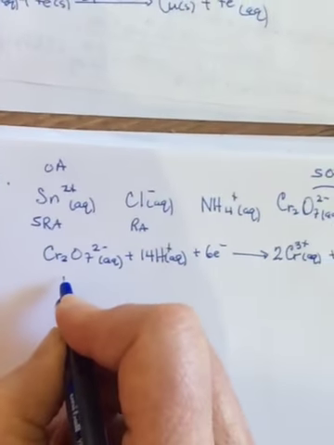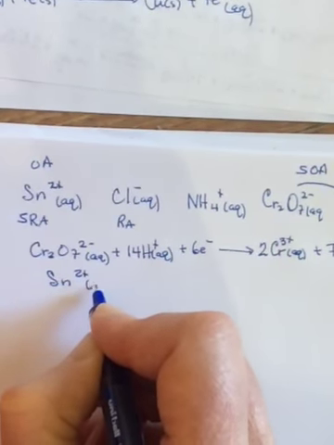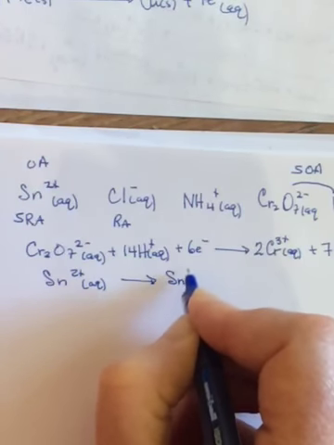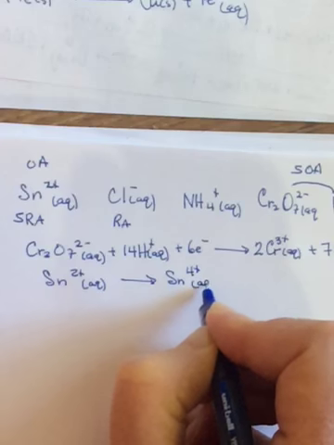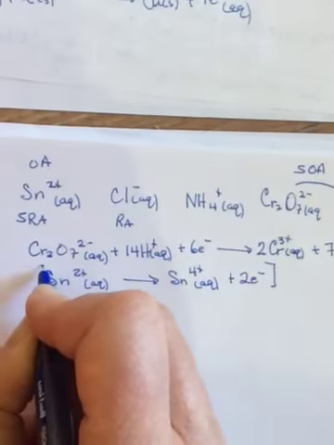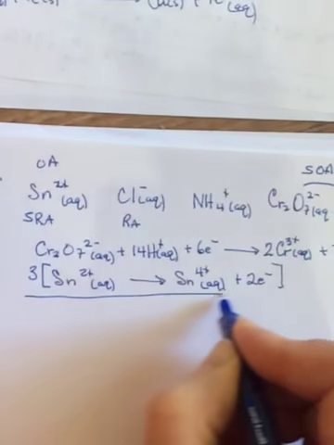And the Sn, again, be careful which Sn you're using. You have to use the one that's on the RA side. It's the one that's going to the Sn4+ again, like we used the last time, plus 2 electrons.